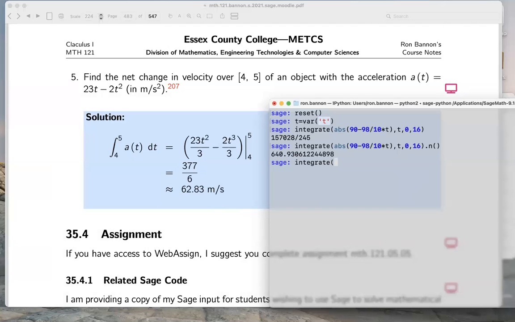We're going to integrate that acceleration function, which is 23 star t minus 2 star t squared. t is my variable, and t is going from 4 to 5. This is a net change problem. Let's press enter and see what happens. You get 377 over 6. If you want to approximate that, dot n, and what does it give you? 62.83. So things are working out well.